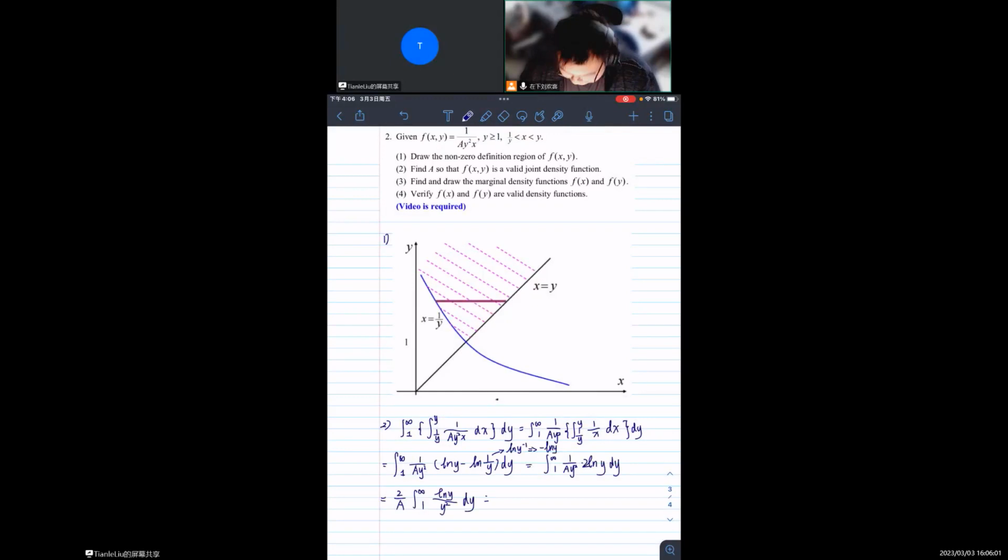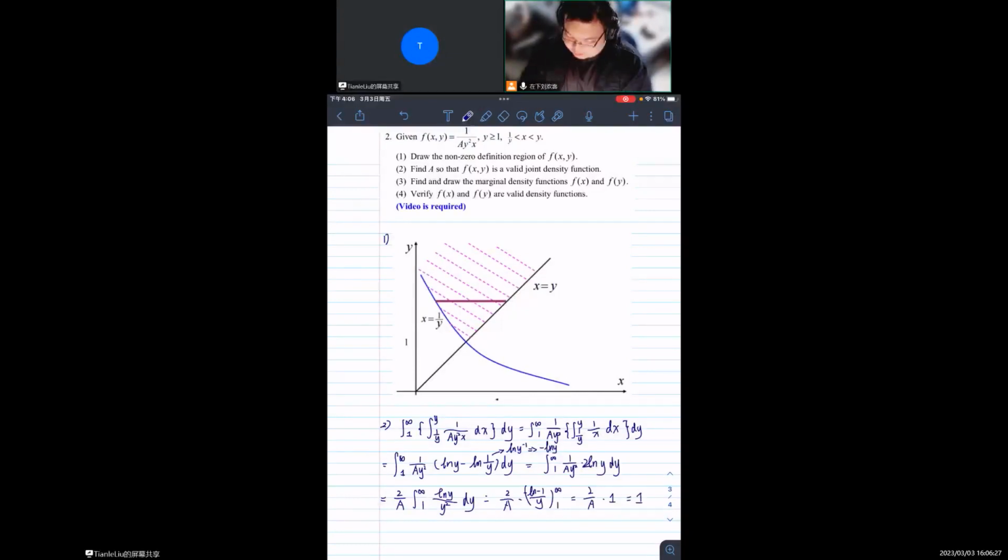So by the pre-calculation of the integral calculator, this turns out to be 1.